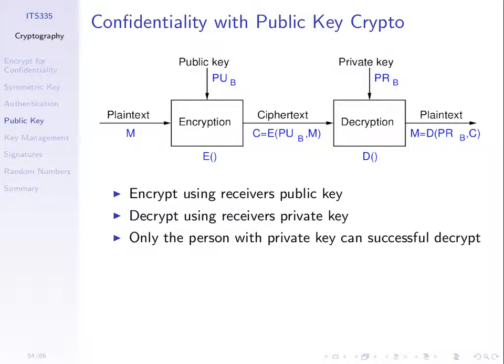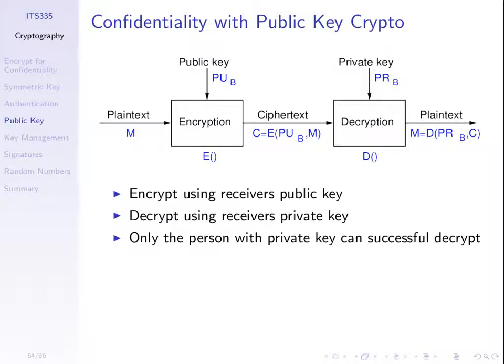So in this case, we want to send a secret message from A to B. What we do is user A encrypts that secret message. Now we're using M for the message, since we've already used P in the name of the key. So that message M, the plain text, is encrypted using the public key of B. I want to send a message to B, so I use the public key of B to encrypt that message.